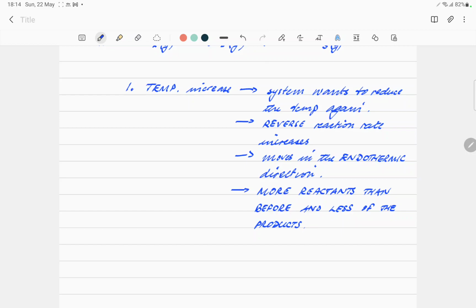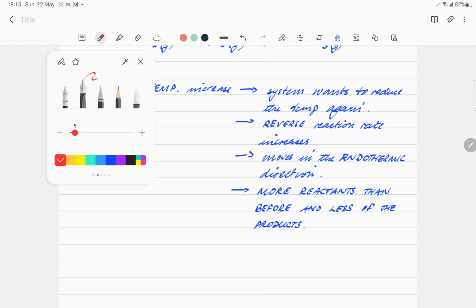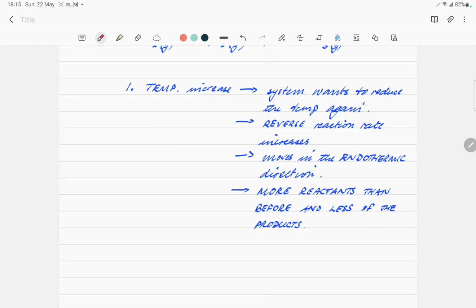So effectively, in this particular example, if you increase temperature, the reaction moves in the endo direction.